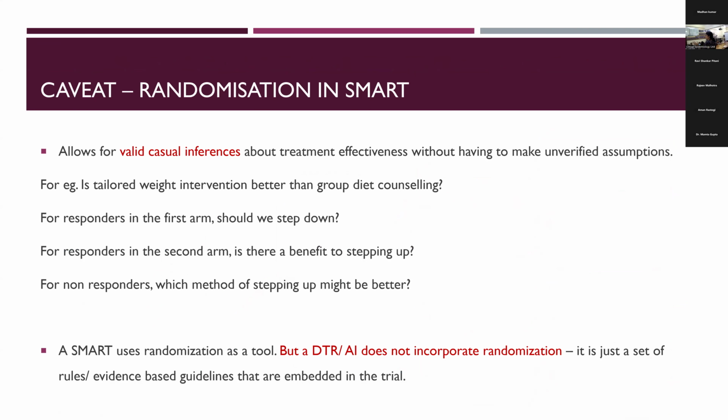The reason we do randomization in a SMART is so that we can make some causal inferences about treatment effectiveness without making some totally unknown assumption. But a SMART is not an RCT. For example, from this I can never compare the efficacy of semaglutide to the efficacy of tailored dietary therapy.